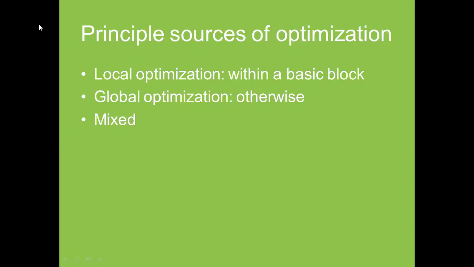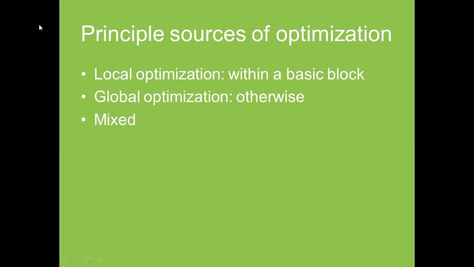First is called the local optimization. It is mandatory that you first divide your source program into several basic blocks, and you can name those B1, B2, B3 and so on.